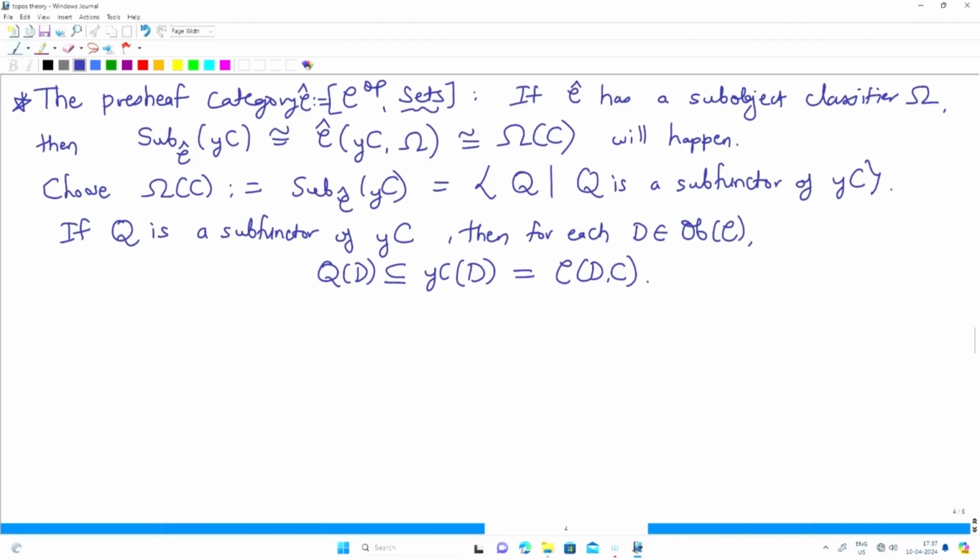Okay. Now, if you look at this, talking about a subfunctor of Yc is just making a choice of morphisms with codomain C. C is fixed here, D will vary.